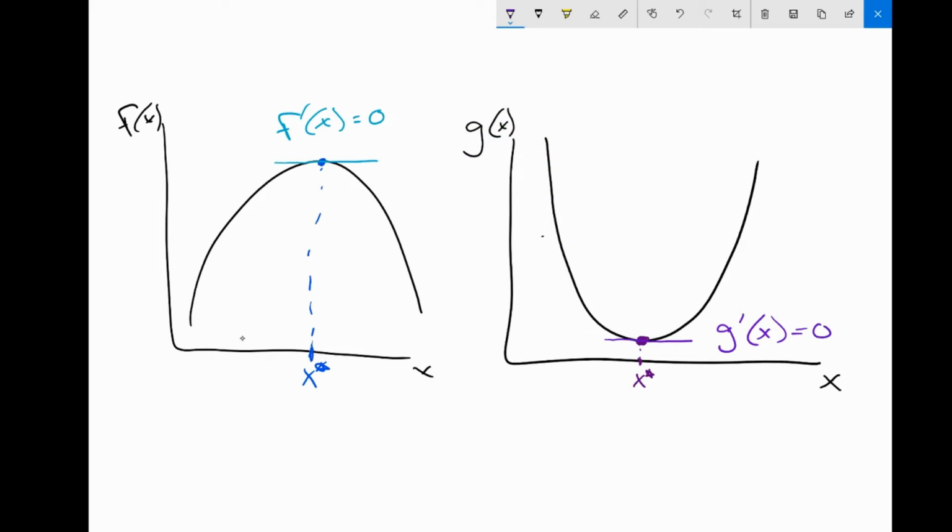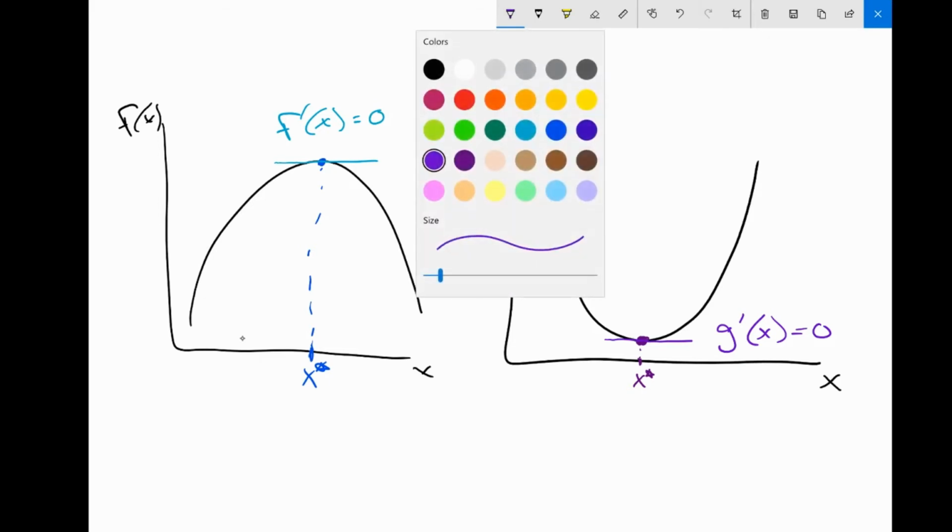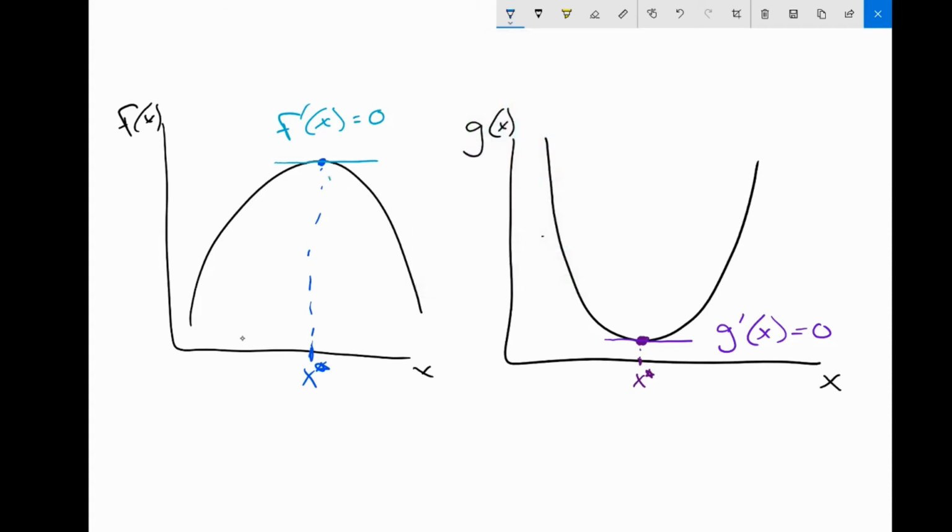I mentioned before that f prime of x equals 0 at the maximum. But just because the derivative equals 0 does not necessarily mean that it is a maximum point, because it could also be a minimum point. Here, the derivative equals 0, but it's a minimum.